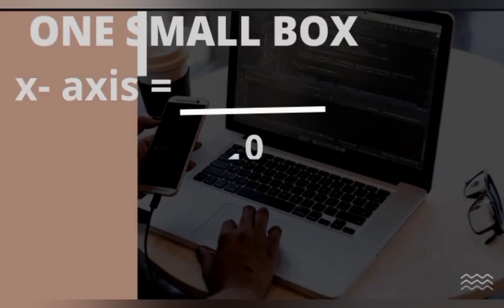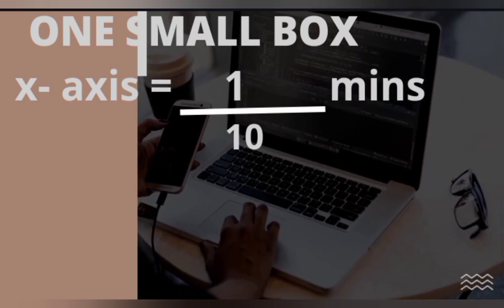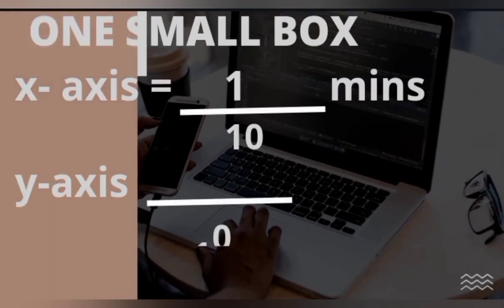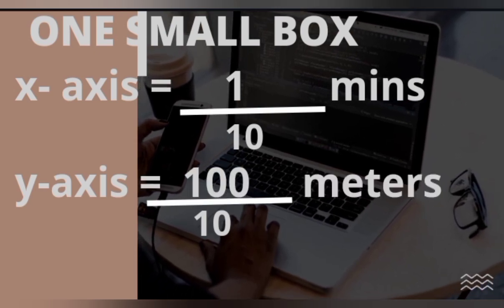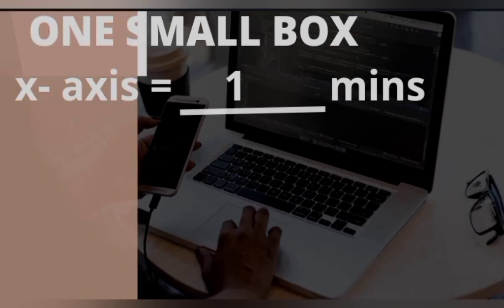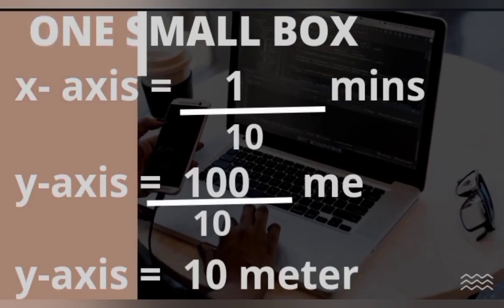Now for the x-axis, remember we said that one large box stands for 1 minute. So one small box will be 1 minute divided by 10, which is 1/10 minutes. And for the y-axis, remember we said that one large box represents 100 meters. So if one large box contains 10 small boxes, one small box on the y-axis will represent 100 divided by 10 meters, which of course will give us 10 meters.